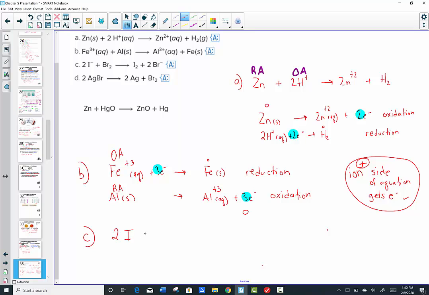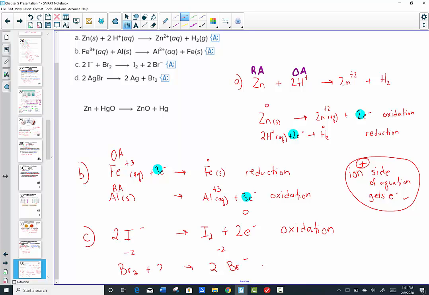Let's redo this. 2 iodide go to iodine. This right here balances both sides to be -2. That's the correct balance. Now, both sides have the same charge. That's a balanced equation. This now is oxidation. And the next one was the bromine, the Br2, went to 2 Br negative.